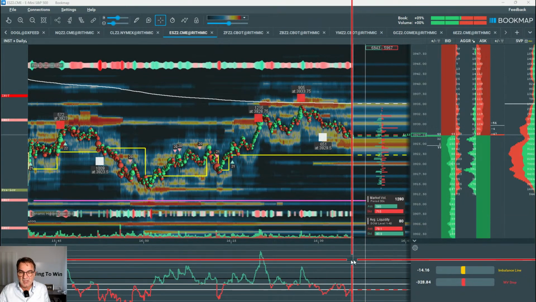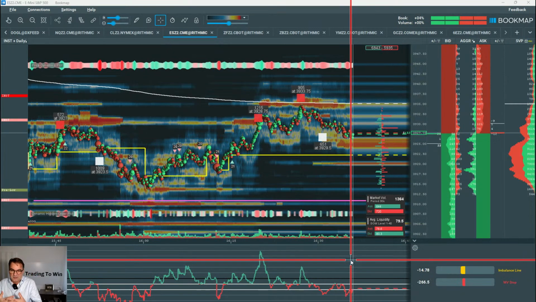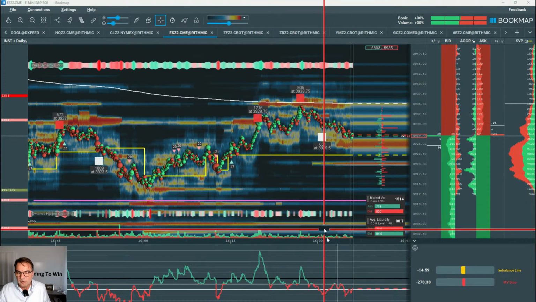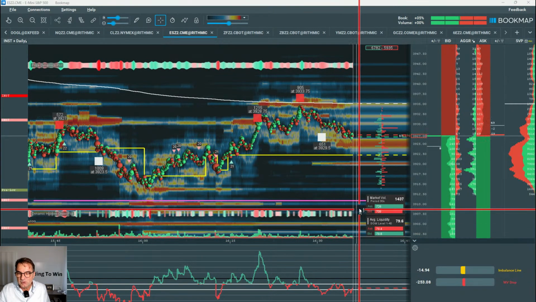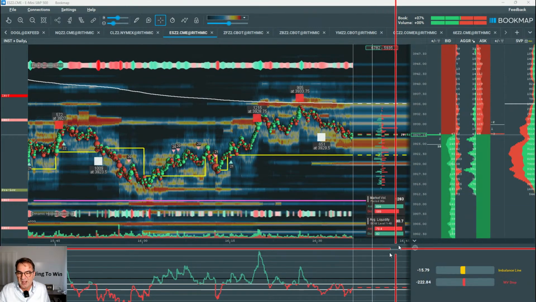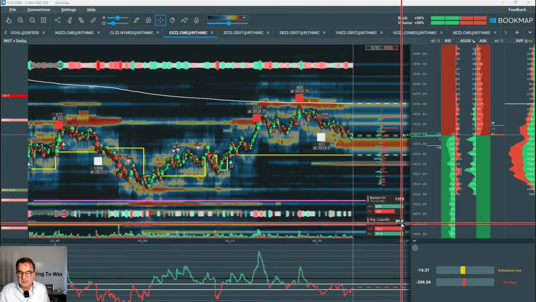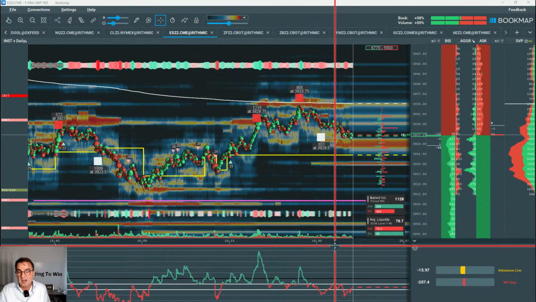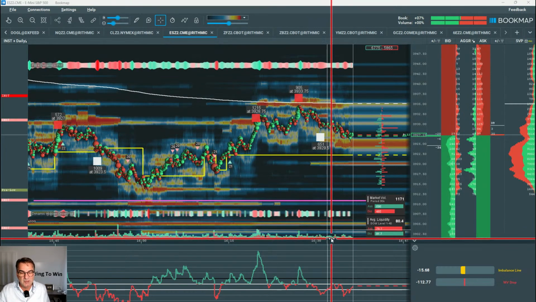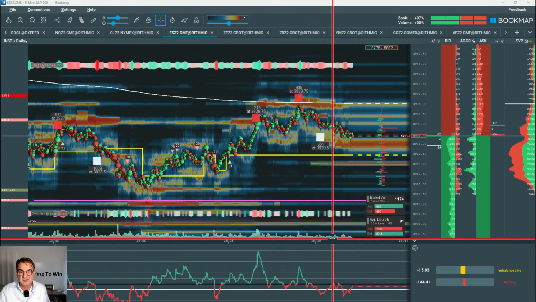Now when you understand the auction and what is resting liquidity and what is aggressor volume, what is market volume, you will get a perfect understanding of how the market volume influences the liquidity. And by the way, how the market volume influences the speed of the price. And you will see the speed of the market based on your price ladder.